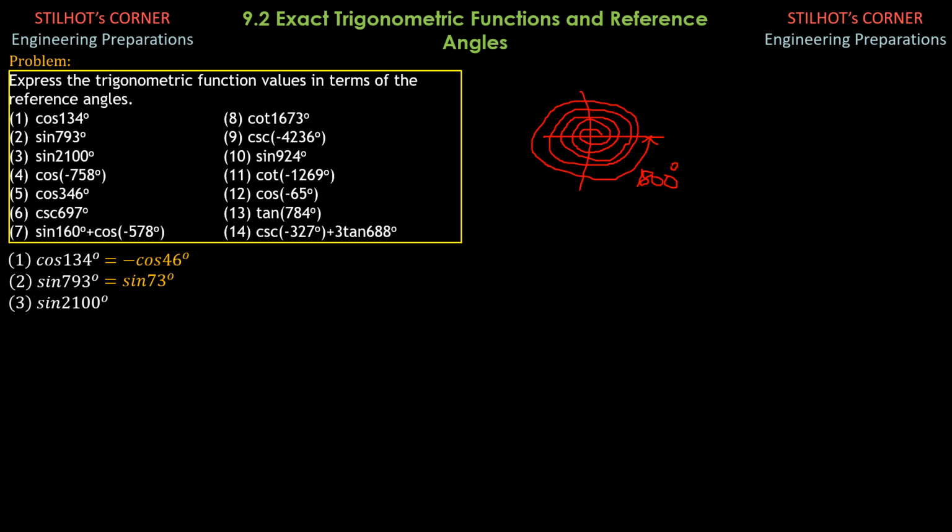Then the angle is positive 2100 degrees, so plus 90, that's 1890, plus another 90, 1980.